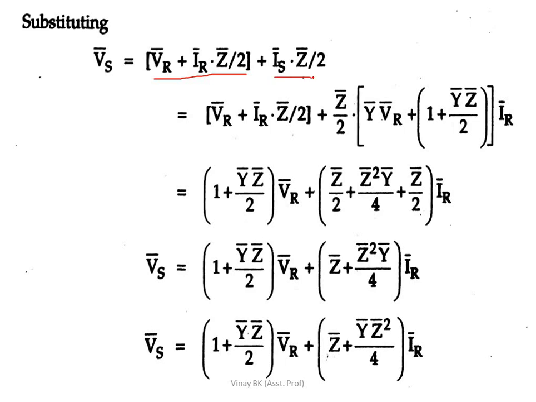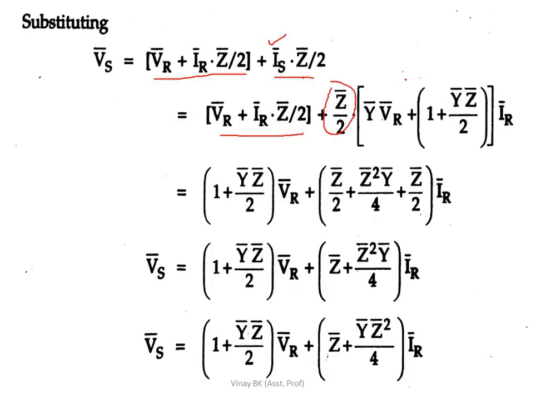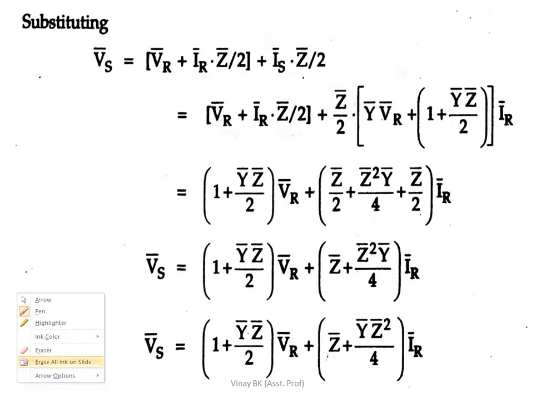Again simplifying, taking Z by 2 outside as a constant, I'll substitute the value of IS, which is Y into VR plus 1 plus YZ by 2 into IR. Next is the simplification.